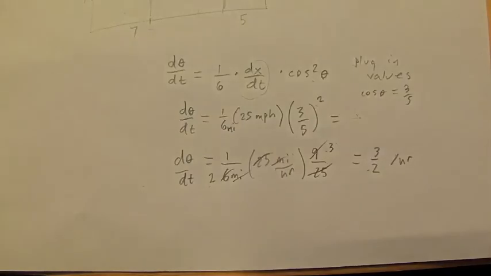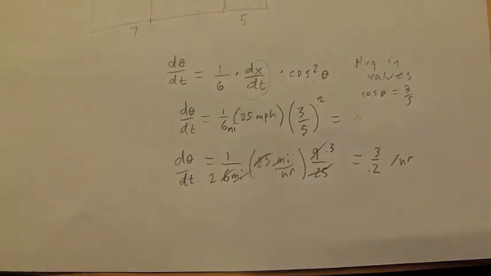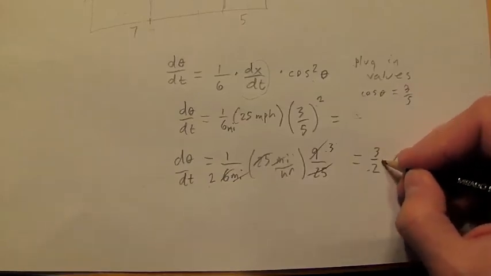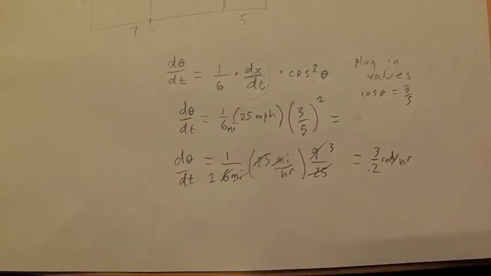And you might be wondering where our units went, and actually angles are considered a unitless measure. When all your units cancel out in problems like this, what you actually end up with is radians per hour.